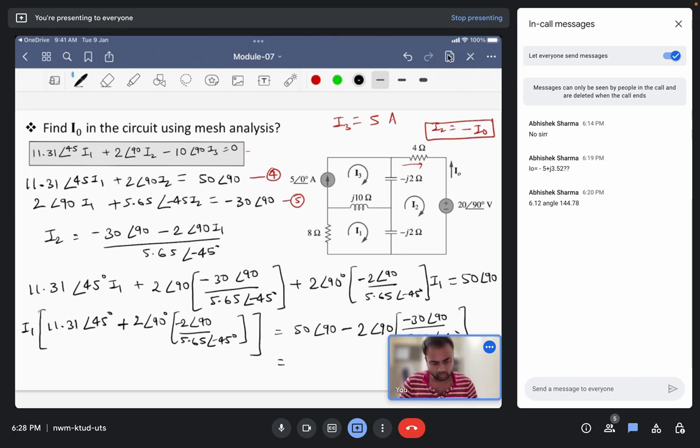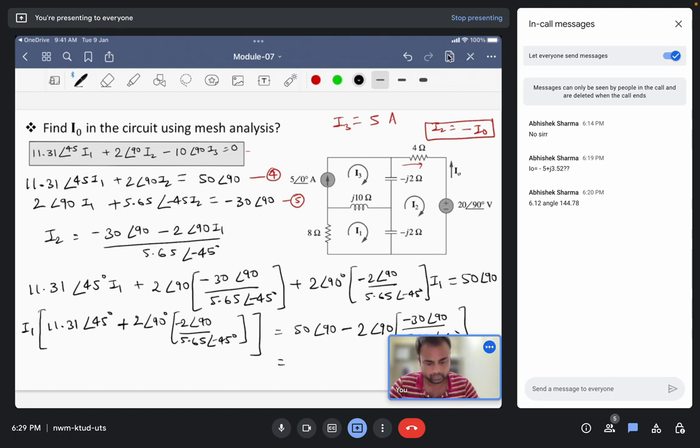Minus 30, angle is given 90 degrees, to divide this by 5.65 and angle is minus 45 degrees, and this will be again multiplied by 2 angle 90 degrees.